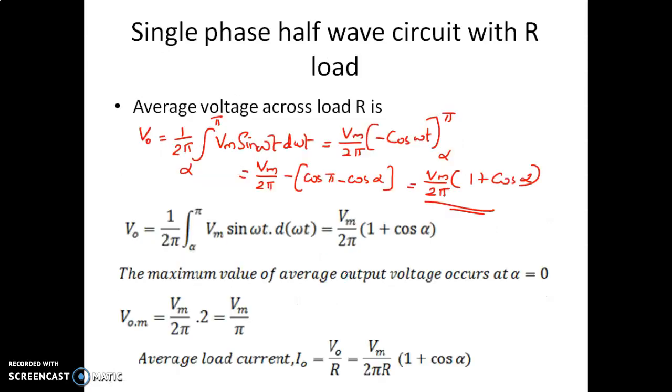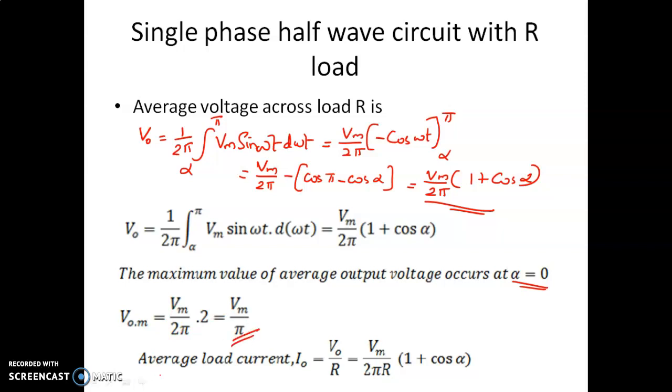Putting alpha equal to 0, cos 0 is 1, so 1 plus 1 is 2. The 2 gets cancelled and this becomes Vm by pi. The maximum value of the average output voltage occurs at alpha equal to 0. Putting that value in the equation Vm by 2 pi into 1 plus cos alpha, we get V average maximum Vom equal to Vm by 2 pi into 1 plus 1, 2 gets cancelled, and it is equal to Vm by pi.